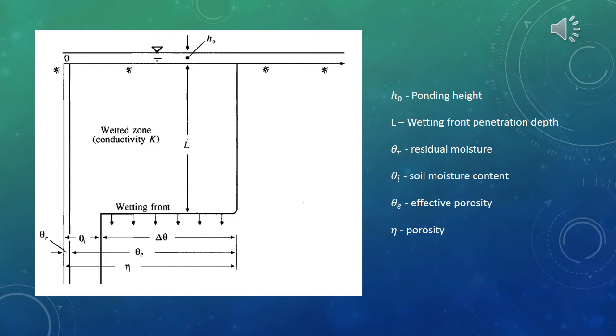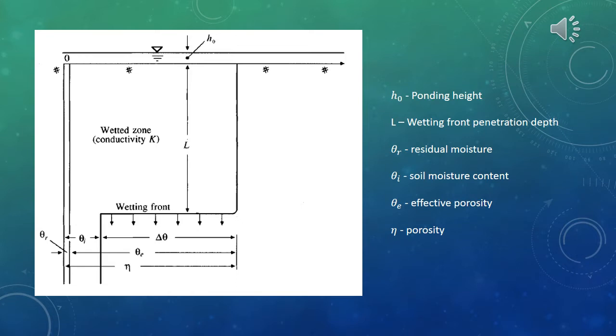Theta R is the residual moisture, which means if we dry out all this soil, a residual amount of moisture is going to remain stuck there. This is a very small portion of the soil, so it's called residual moisture. Theta I is the soil moisture content; each soil has its own characteristic moisture content.